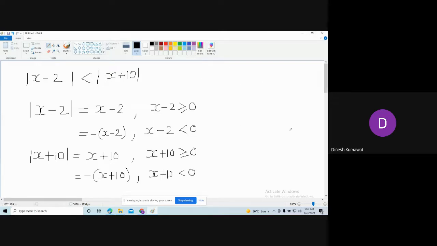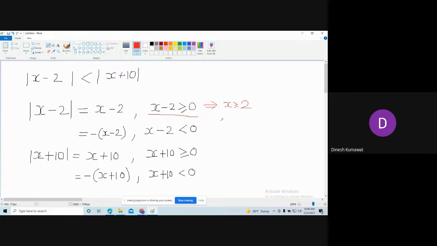Okay, so first let us deal with these conditions. Now, what do we mean by x minus 2 is bigger than or equal to 0? Can I say this is the same as x is bigger than or equal to 2? Yes, can I say that? Yes, sir.